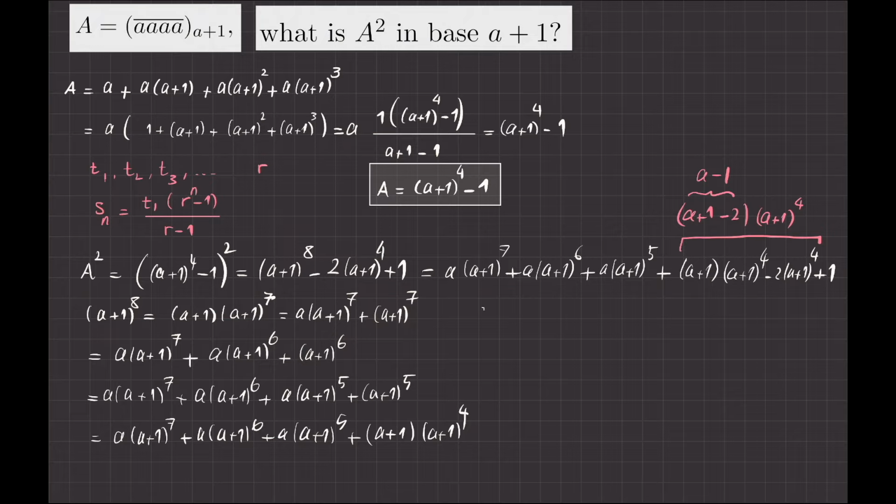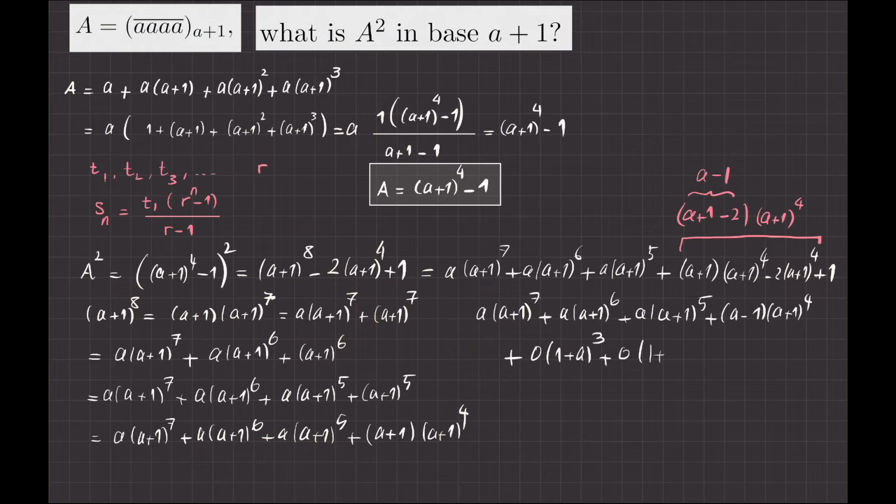So it is a, so let us copy and paste the first few terms. And now a minus 1, times (a plus 1) to the power of 4. Then I bring the rest of the powers that I don't have with coefficient 0, as I explained before, and then 1.